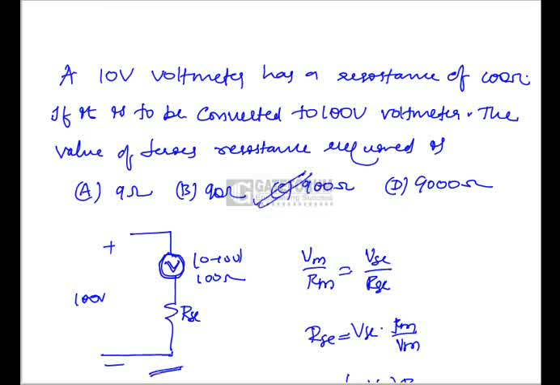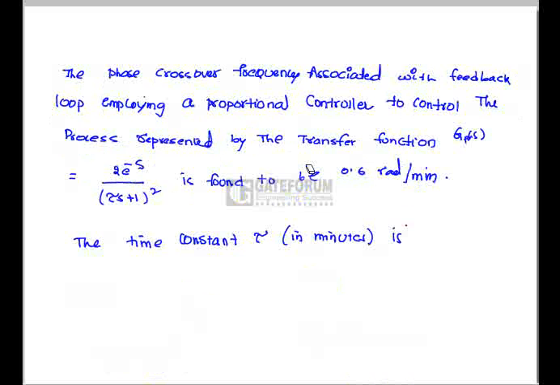So option is C. The phase crossover frequency associated with a feedback loop employing a proportional controller, the process represented by a transfer function Gp of s equals 2 e power minus s by (tau s plus 1) whole square, is found to be 0.6 radians per minute. Find the time constant.